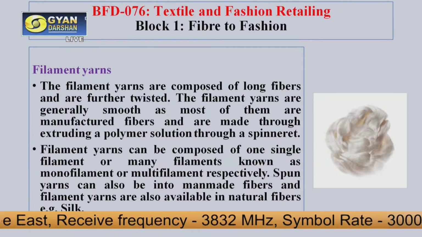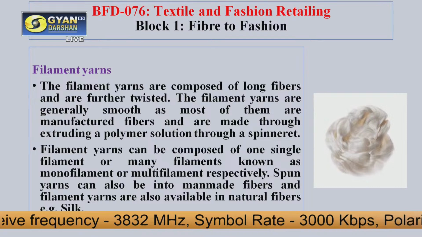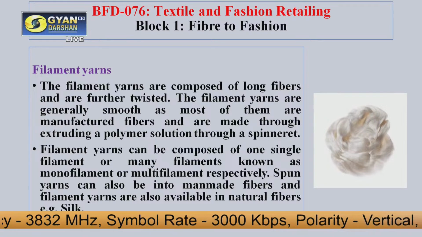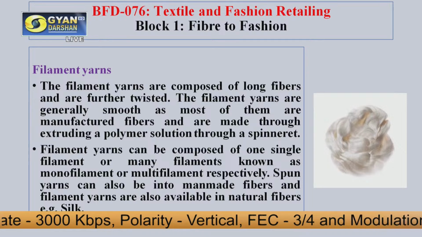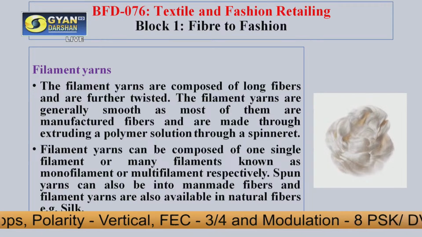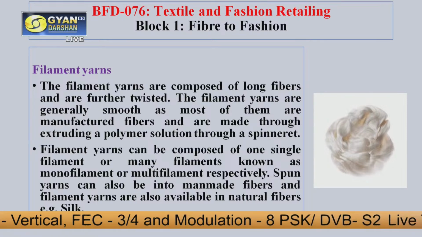Filament yarns are generally smooth, as most of them are manufactured fibers made by extruding a polymer solution through a spinneret. As we discussed, spun yarns are short in length, so when we join short length fibers together to make a yarn, it will not have a smooth structure.